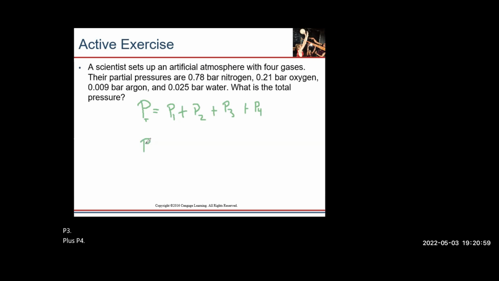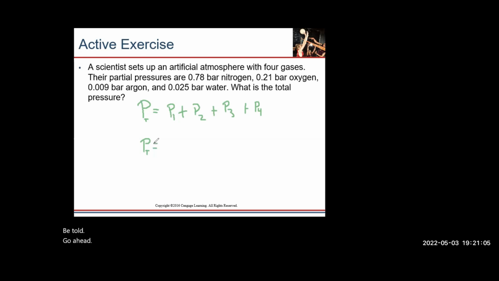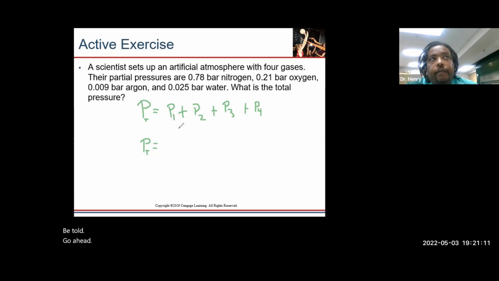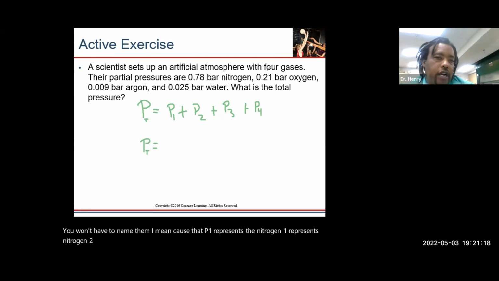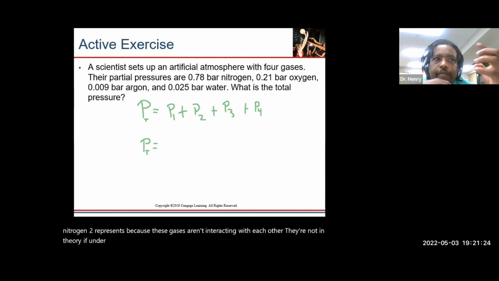When you're putting in the pressures, do we need to name them, like 0.78 nitrogen? You won't have to name them. P1 represents the nitrogen, 2 represents the next gas, because these gases aren't interacting with each other. In theory, under ideal circumstances, they're just bouncing off of each other.